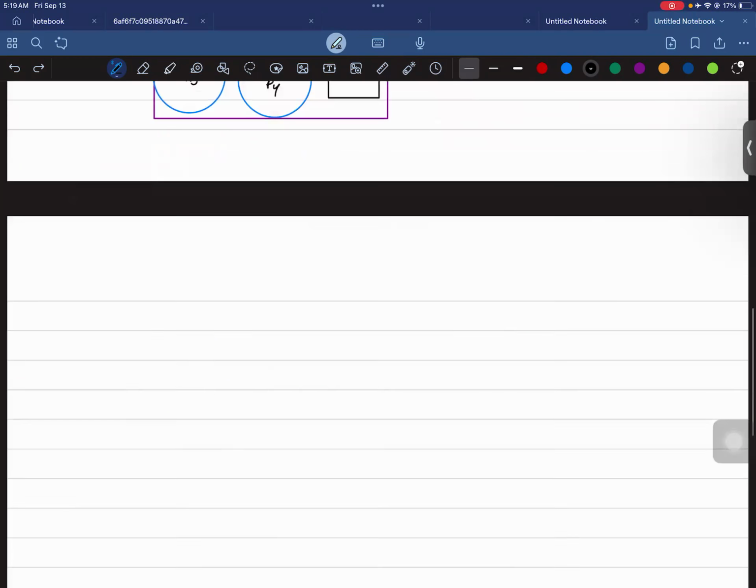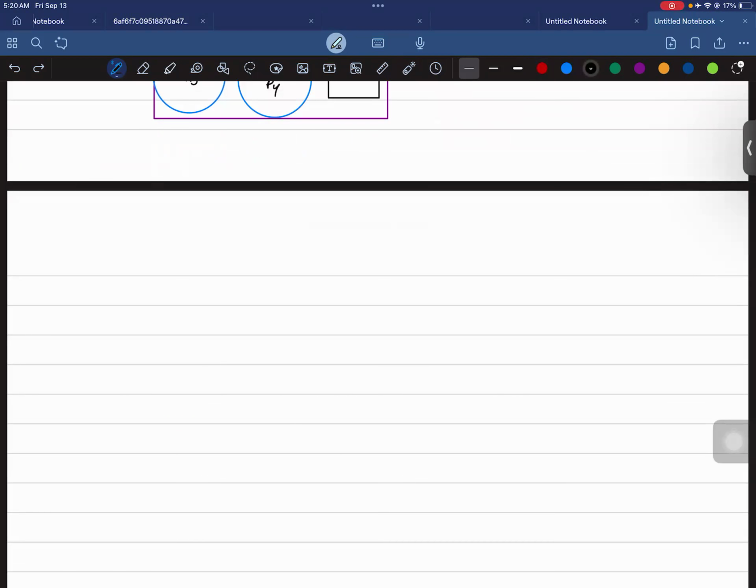So we have different orbitals, just like shells. Number 1, we have s orbital, then we have p orbital, then d orbital, then f orbital. Now I want to know the shapes of different orbitals. So remember, the shape of s orbital is spherical.